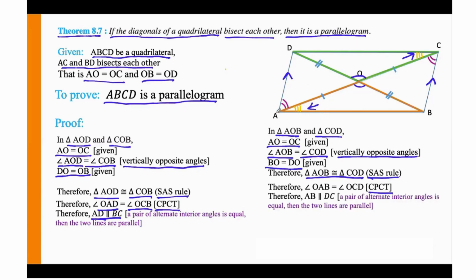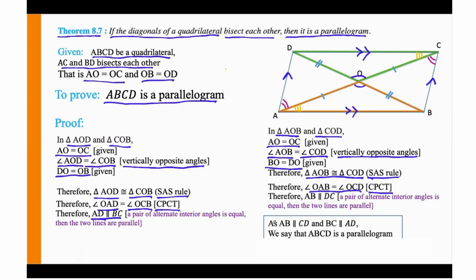So if you take the line AB and CD and AC as the transversal, these two angles form alternate interior angles, and because they are equal, we can say that AB is parallel to CD. Now, as we have proved that AB is parallel to CD and BC is parallel to AD, we can say that ABCD is a parallelogram.